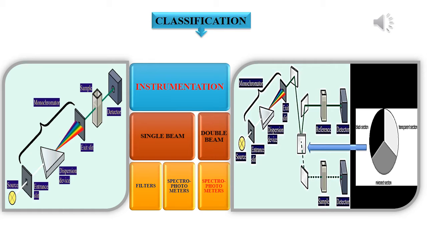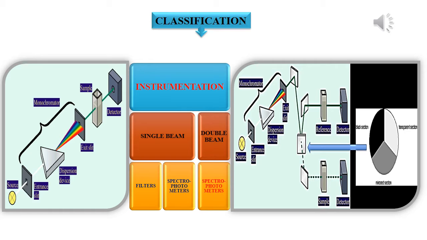Single beam represents only a single intensity of radiation, whereas double beam indicates two equal intensities of radiation will be passed to the sample. That means at a time we can measure two samples. One is the reference, another is the sample you are going to analyze.